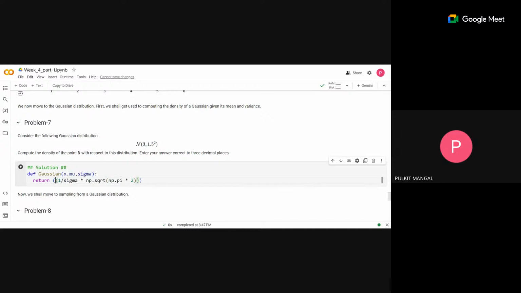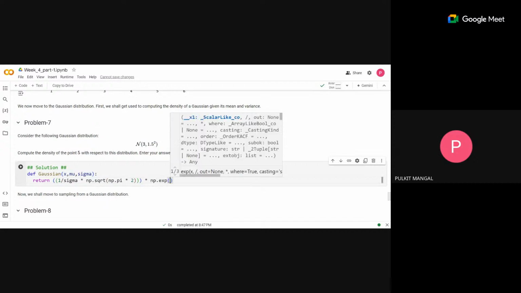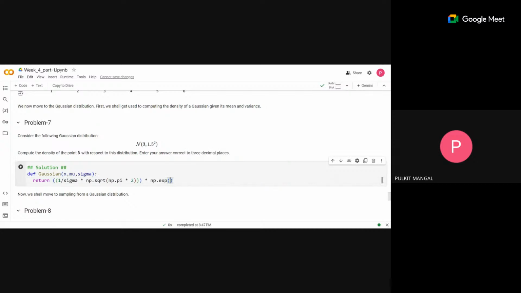This whole thing will be multiplied with np.exp. Now it is again what? Minus x minus mu square by 2 sigma square, right? How can we write this?